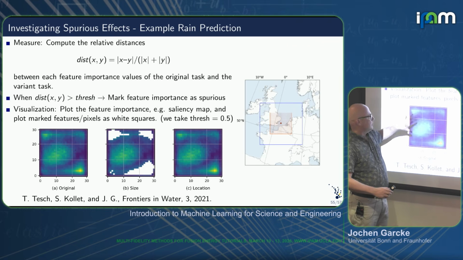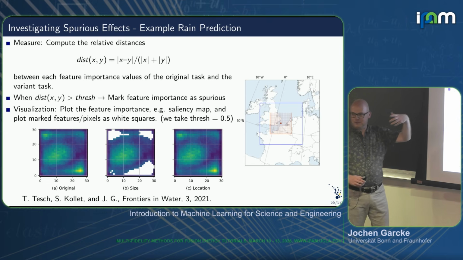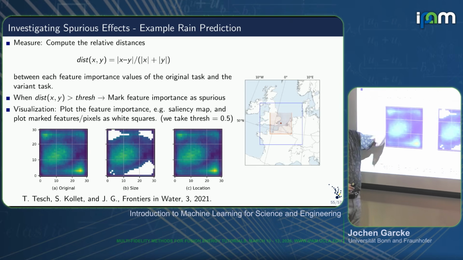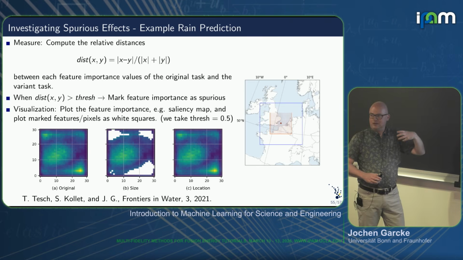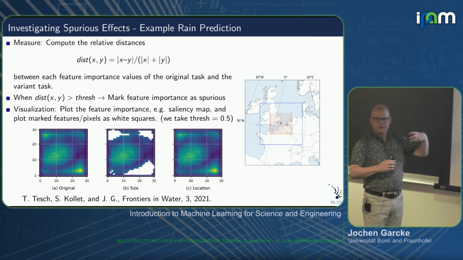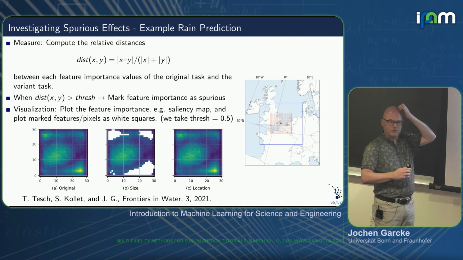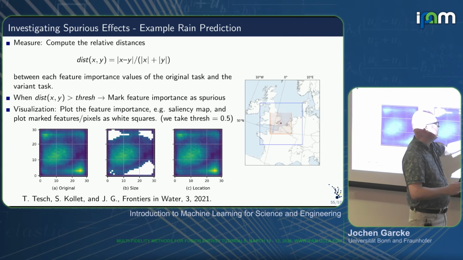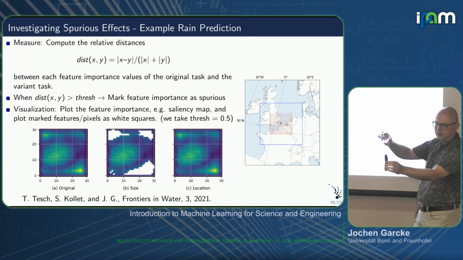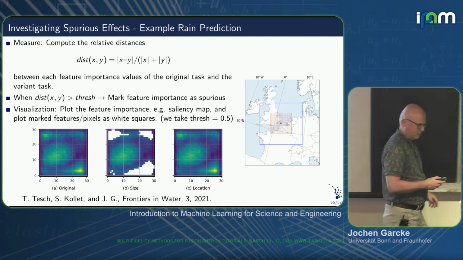This means the model we learned in these areas didn't learn something scientifically consistent, because if I learn on a larger size, something else comes out. So this could be a way to check the consistency of your model. You slightly change your problem and check: is it still giving me the same kind of interpretation results? So it's a kind of debugging tool. And here is a similar thing where we varied the location. We slightly shifted the data and still got the same observations.